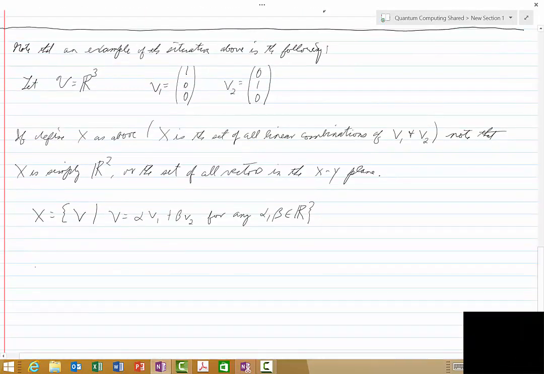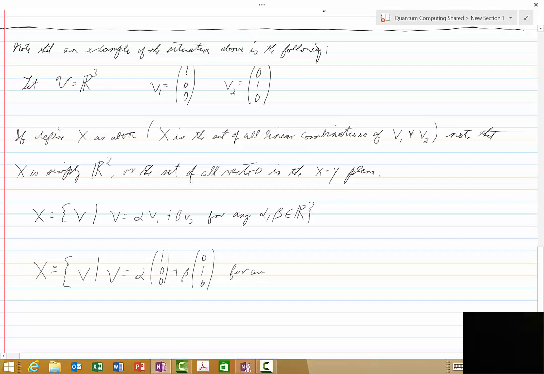So in this case, x becomes the set of all v such that v is equal to alpha times (1, 0, 0) plus beta times (0, 1, 0) for any real alpha and beta.